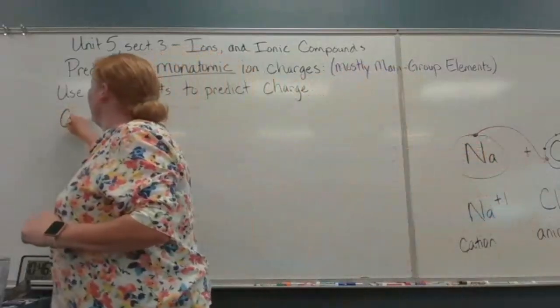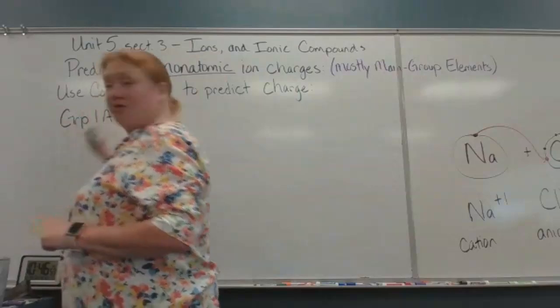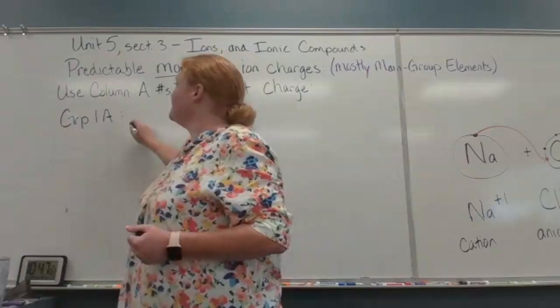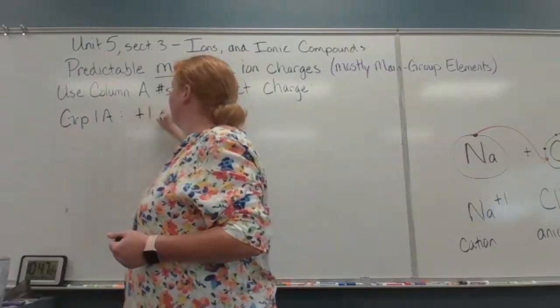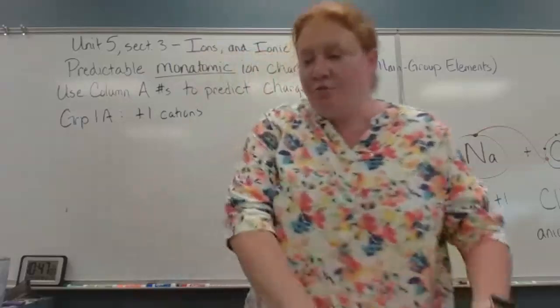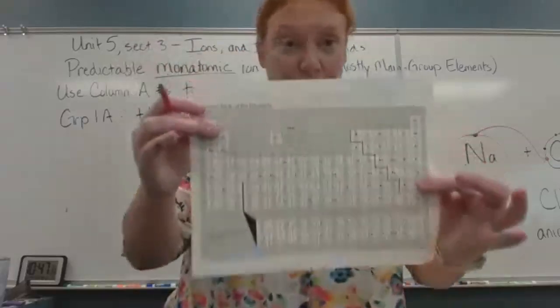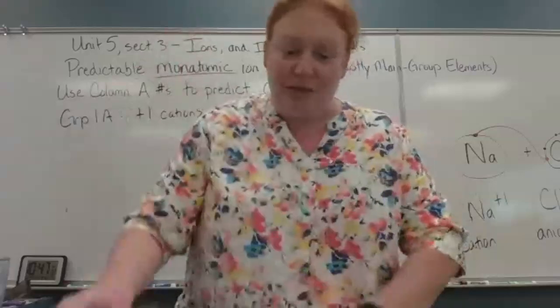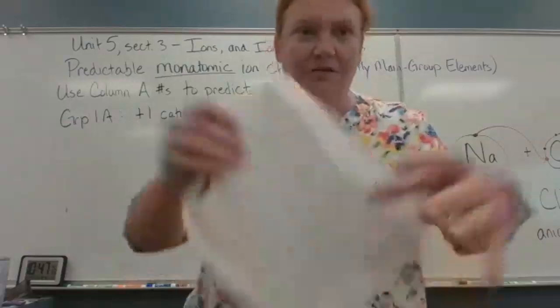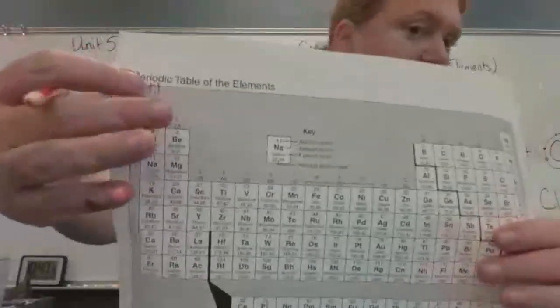So group 1A, those are your alkali metals, right? Group 1A, these will become +1 cations because they're metals. So you may want to take your copy of the periodic table and a pen or pencil and write right above the column, +1.